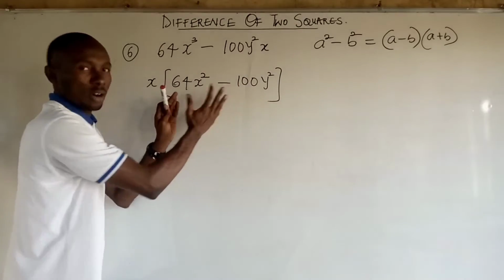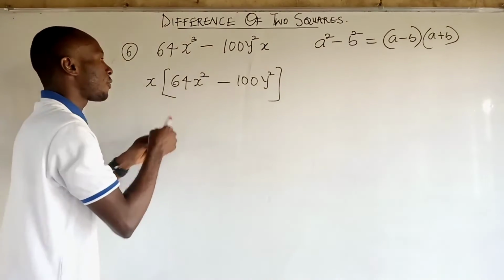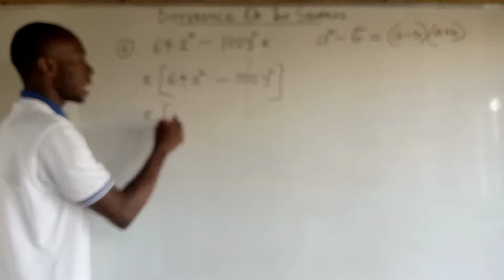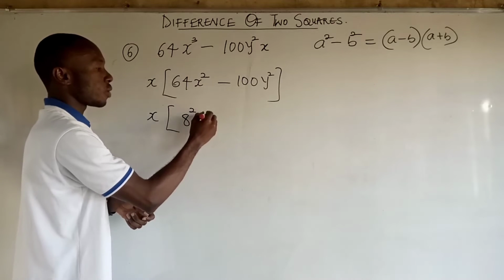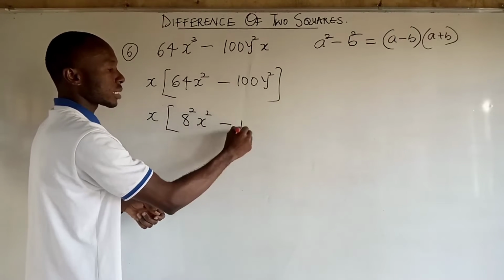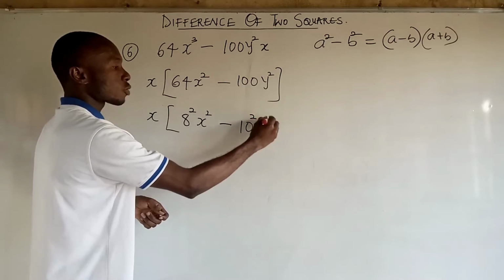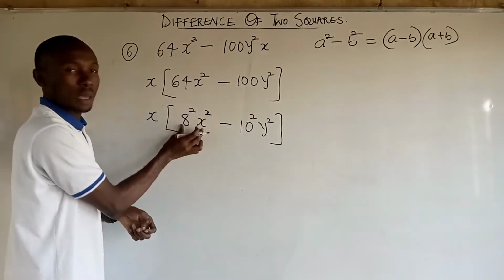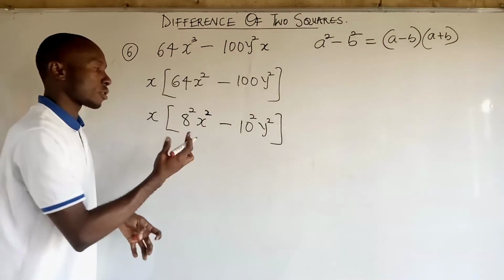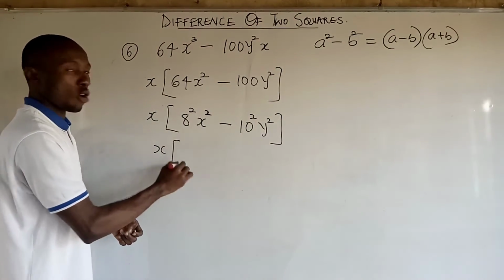Now you can see that it's not perfectly arranged, so let me go further to say 64 can be written as 8 to the power 2, then x squared minus 100, 10 to the power 2, y squared in close bracket. Now because they both have the same power, I can converge them to become one power because of the law of indices.